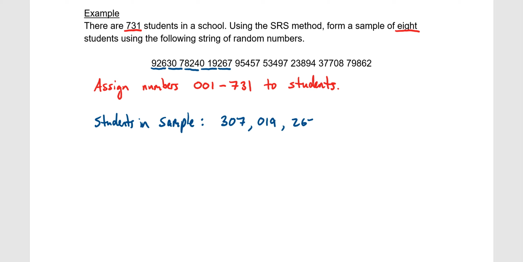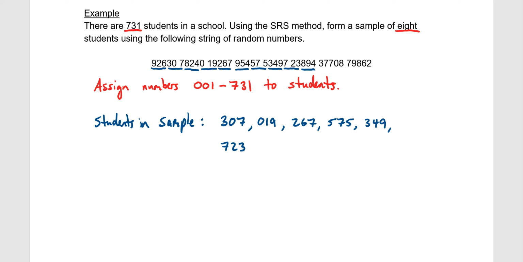Student 267 is part of our sample. 954 is out of our range. 575 is going to be part of our sample. 349 is part of our sample. 723 is also part of our sample. And 894 we have to skip because that's out of our range.